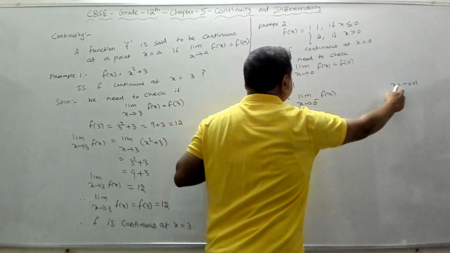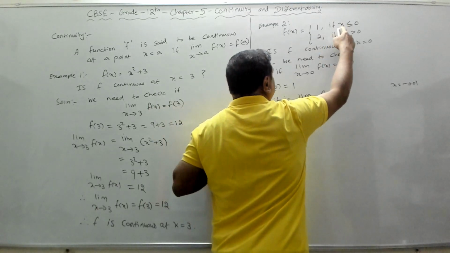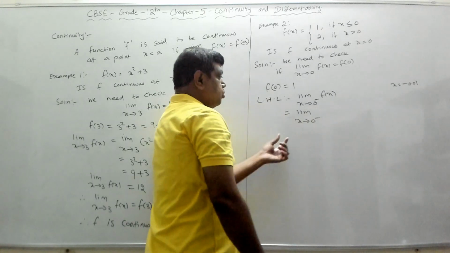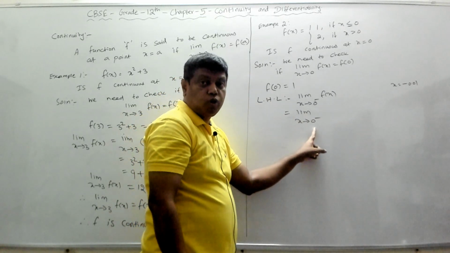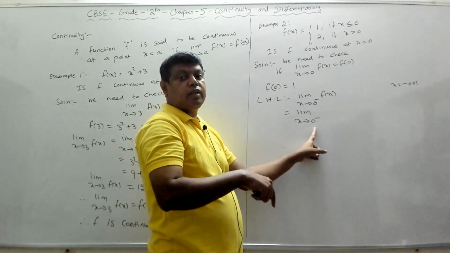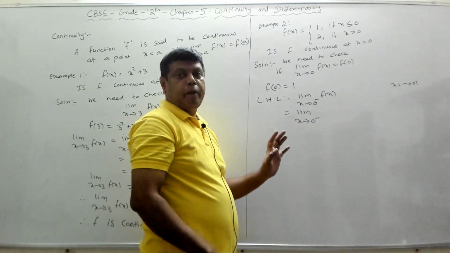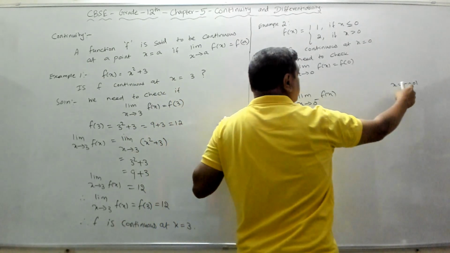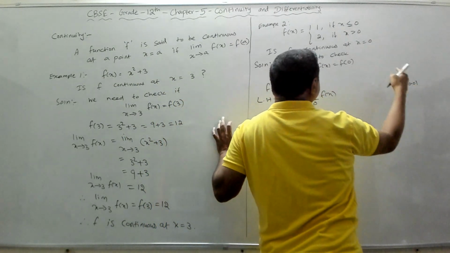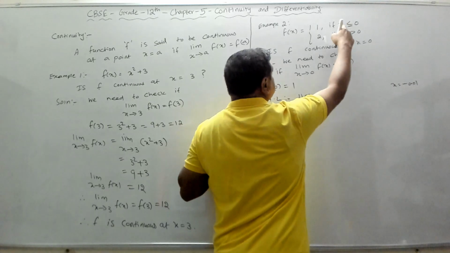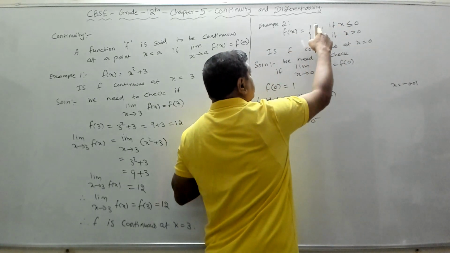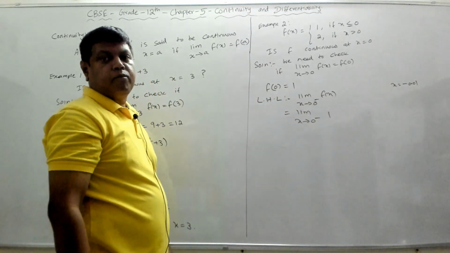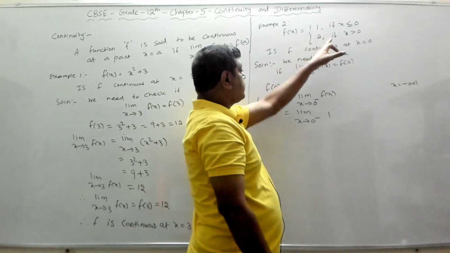Since it's minus 0.01, is it less than or equal to 0 or greater than 0? It's less than or equal to 0, because it is negative, on the left side of 0. So which means your f of x is 1. What is the value of f of x? It is 1 because x is less than 0.